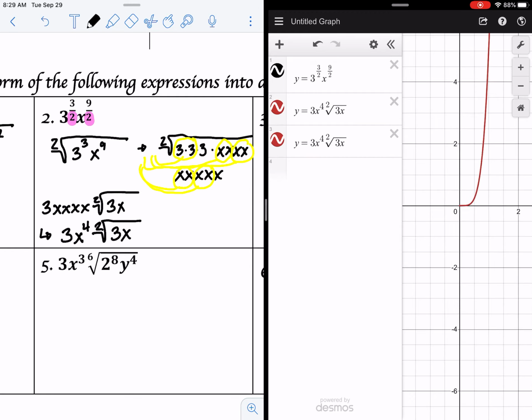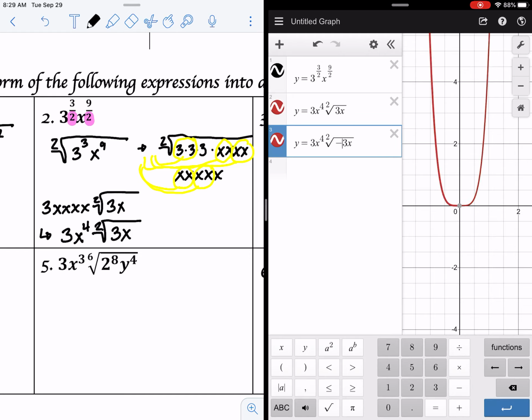So it'll reflect across the y-axis. So there it reflected across the y-axis, but it would also overlap on this right side. So if half of the graphs overlap, then you're okay.